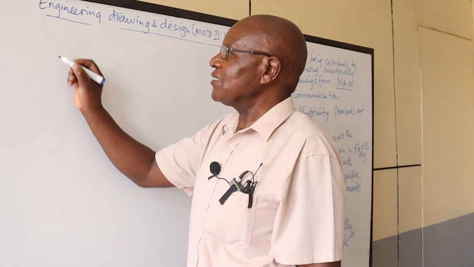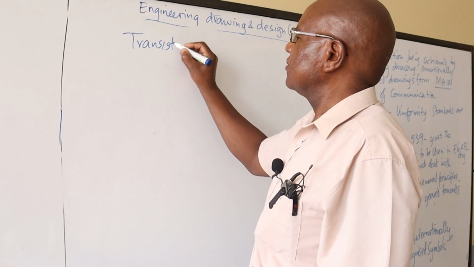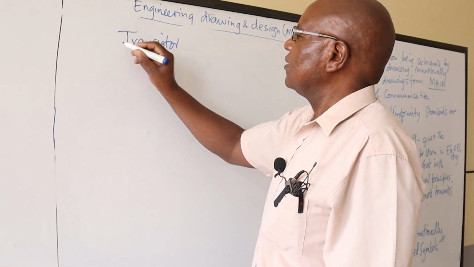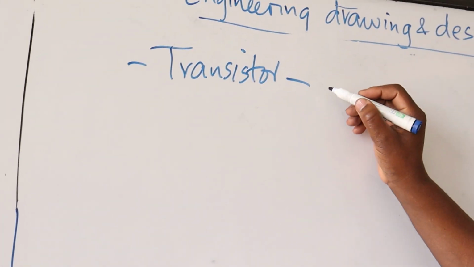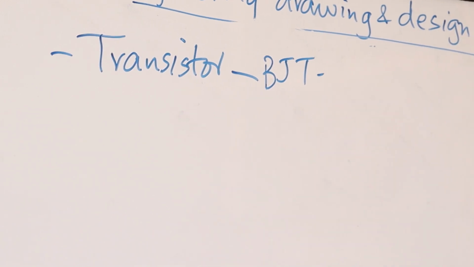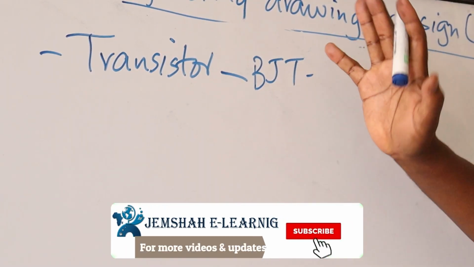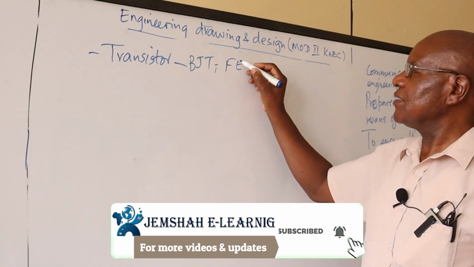Now, the most asked components are, for example, transistors. Now, with transistors, we know we have got a family of transistors. We have got the BJTs, the NPN, PNPs. You should be familiar with those symbols. We have also got the field effect transistors.